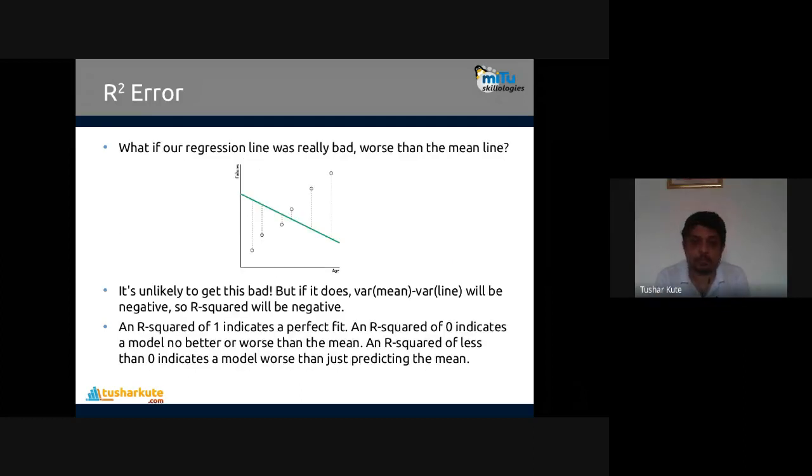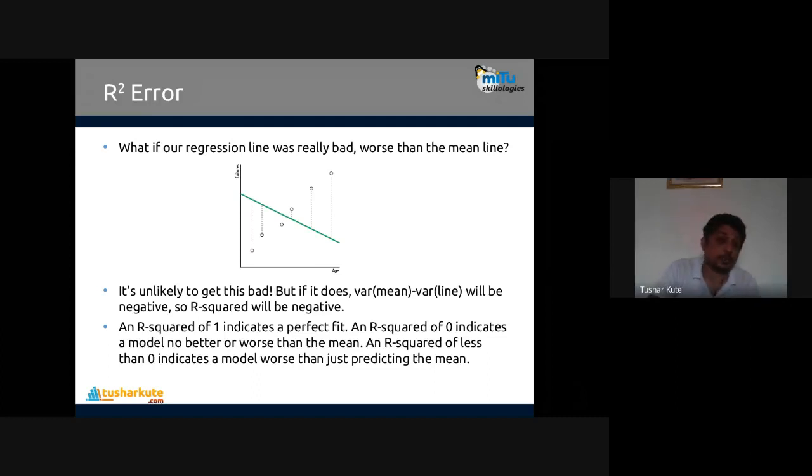That may be possible. See, it's completely inverse. I want this direction and I'm getting this direction. So an inverse task is there. At that time the R squared error will be 0. It means there is no accuracy. 1 means perfect fit, 0 means none.